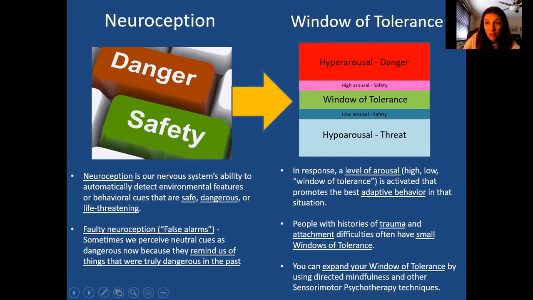So let's look at the window of tolerance diagram here. So on the one hand, when we perceive danger, we might go into hyperarousal. So we might feel like really revved up, really anxious, really activated, mobilized, and preparing for protecting ourselves, fight, flight, okay? We also might go the other direction, hypoarousal.